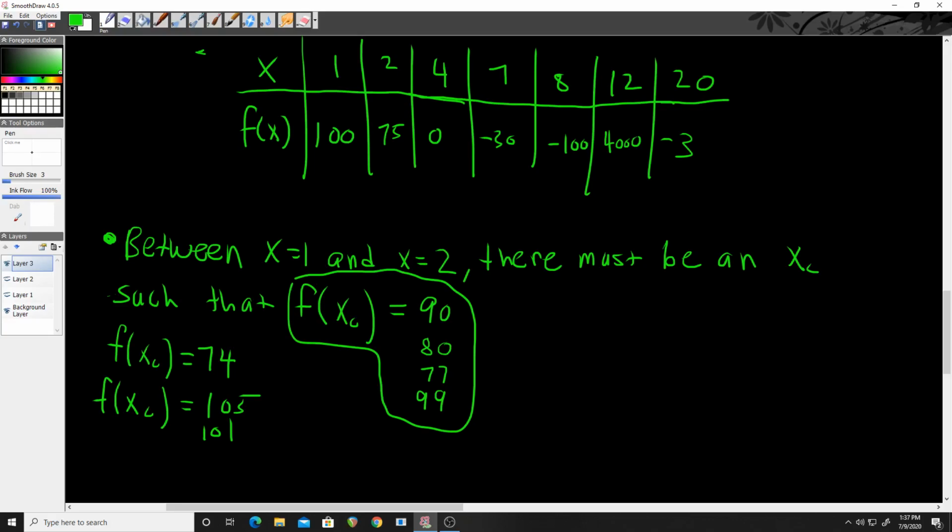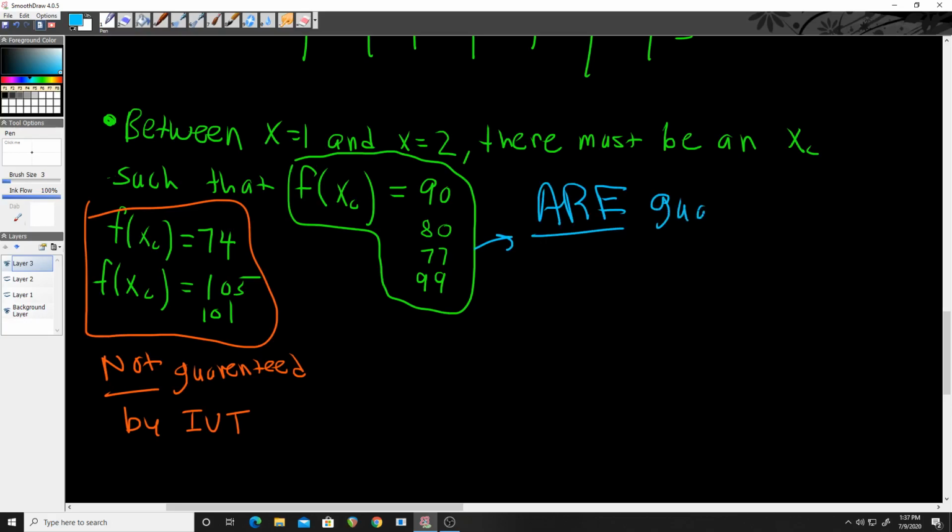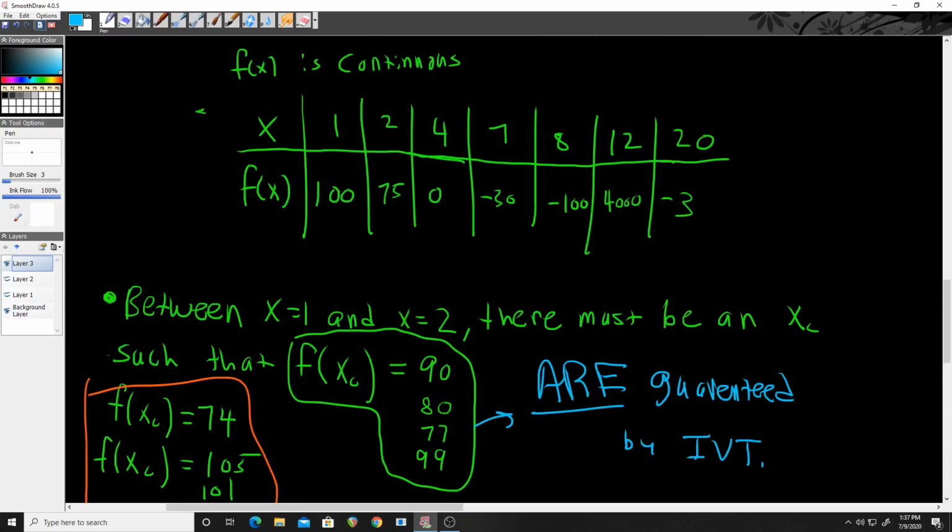So to emphasize, these are not guaranteed by the intermediate value theorem. But these, on the other hand, are guaranteed by the intermediate value theorem. That's just looking between 1 and 2.